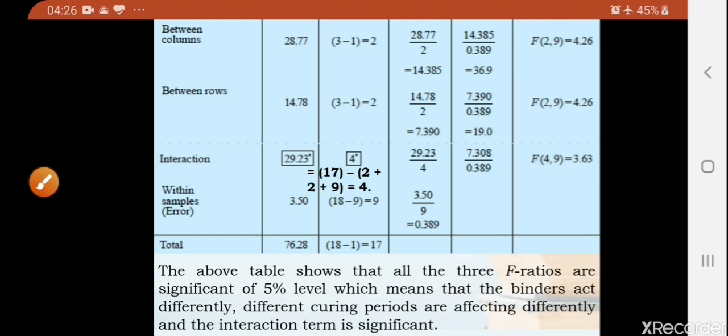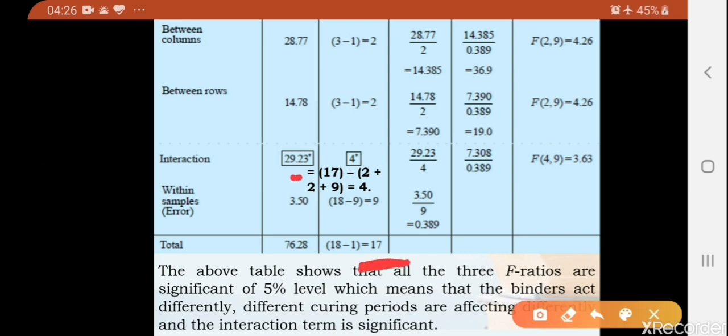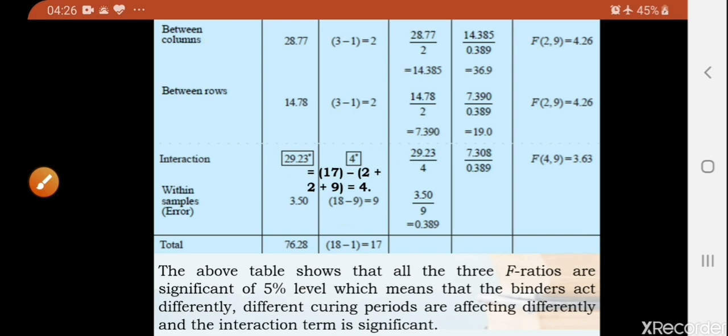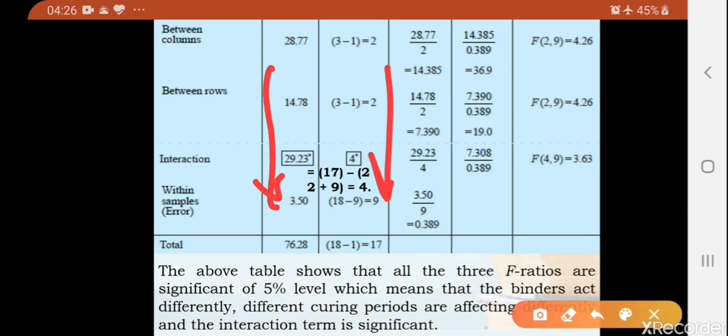It is the total degrees of freedom, 17, minus degrees of freedom for columns, for rows, and for within samples. So that comes out to be 4. Now we know SS and degrees of freedom for every item, so we can calculate MS. MS is SS divided by degrees of freedom for every source.